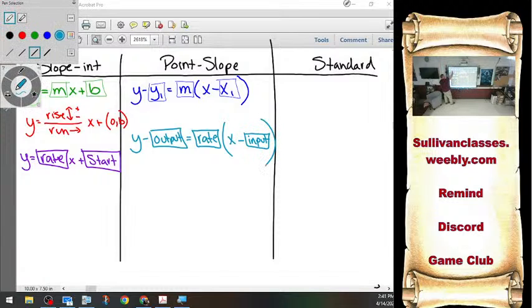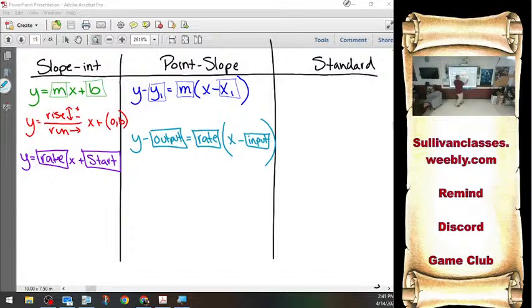And then standard, we're going to see these more with our next section, 6.3. ax plus by equals c. A, b, and c don't have to be integers, but that's usually the way that the book wanted us to write it. I can say 3.5x minus pi over 7y equals 2 square root of 5.